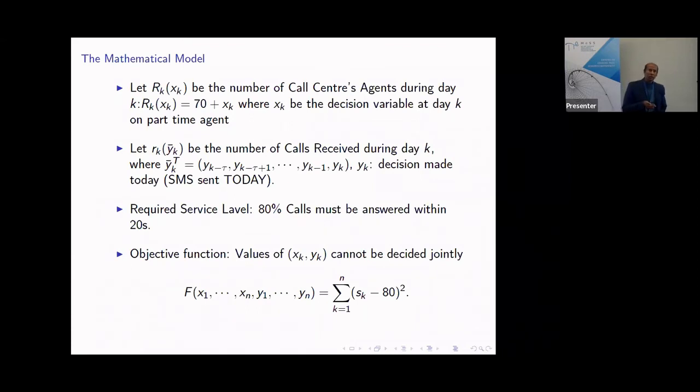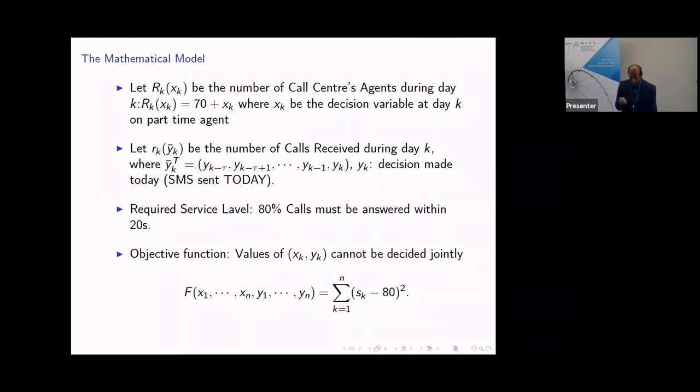All I want to minimize is this: S should be close to 80. No problem if it is bigger than 80, but it should be close to 80, then I am okay. One of the important things is that when you hire these part-time people, you can't just ask for people on the day.